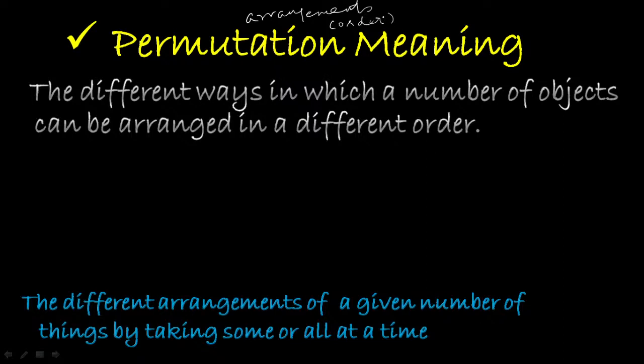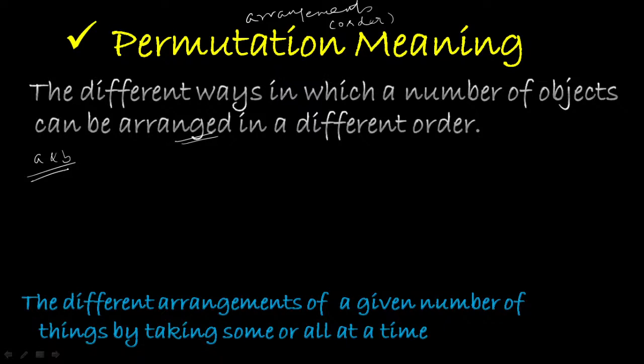Permutation is an arrangement of items in a particular order. The different ways in which a number of objects can be arranged in a different order is a permutation. For example, suppose I take two objects A and B, and find the number of different arrangements of these two objects.